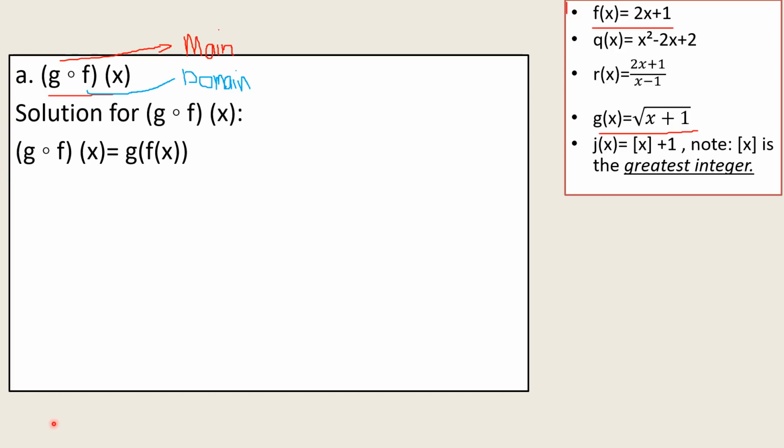Kasi nga, etong mismong second function natin, ito yung x ng g. Okay? Ito yung x ng g. Kaya nga ito g of x. Okay? So, after natin masulat yung definition ng composition ng function, g, isulat mo lang g, tapos sa loob ng parentheses would be f of x or the second function.